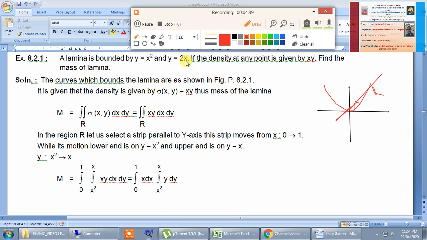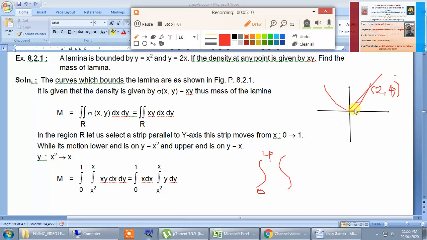This point is x equal to 2, and if you put x equal to 2, y is equal to 4. So if we take a strip parallel to the y axis, that strip moves from bottom to top. The bottom position is y equal to 0 up to y equal to 4. So the strip moves from y equal to 0 to y equal to 4.